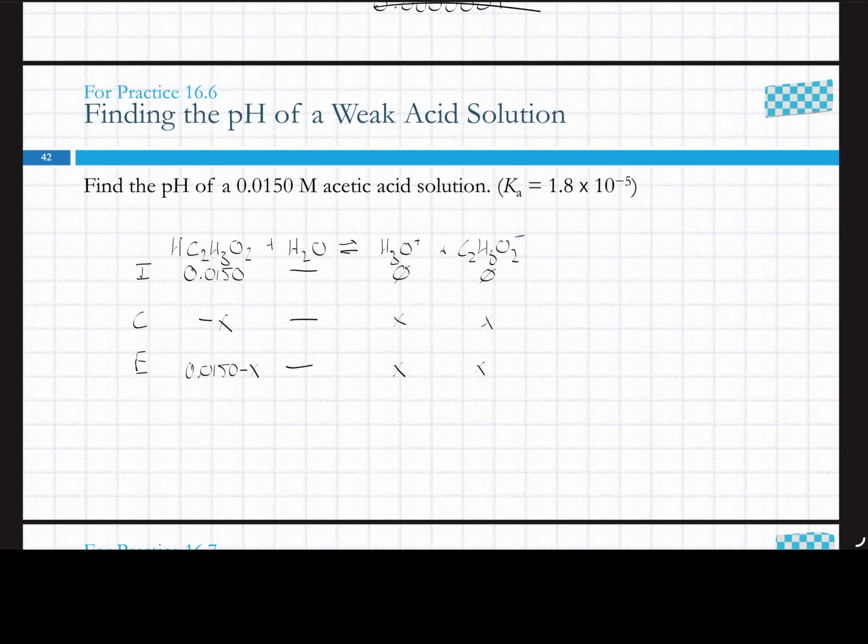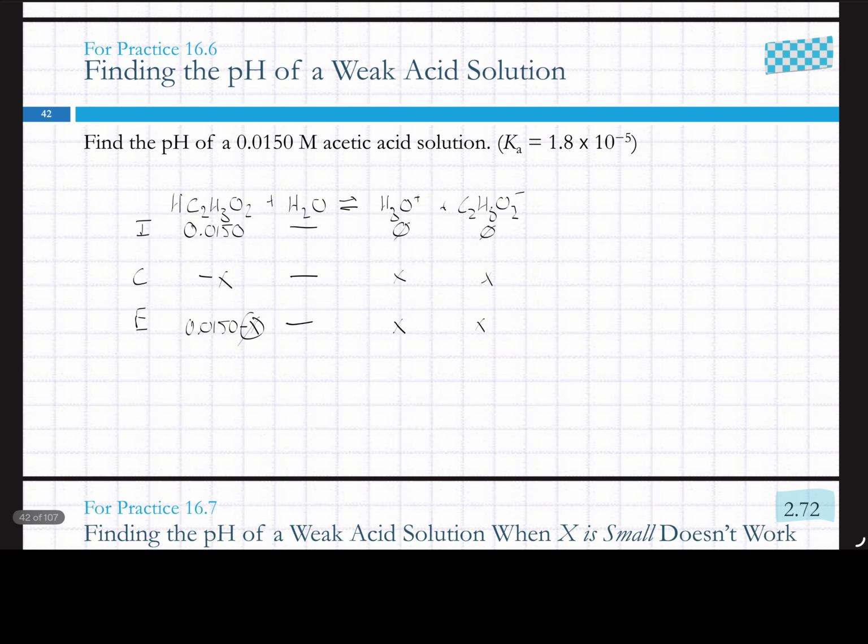So what questions should you be asking yourself at this point? Can we do a small x approximation? Probably. Ka is 1.8 times 10 to the negative 5, it's real small. 0.015 is pretty small, but since our K is more than 10 to the negative 3 times smaller than the concentration, it should work.